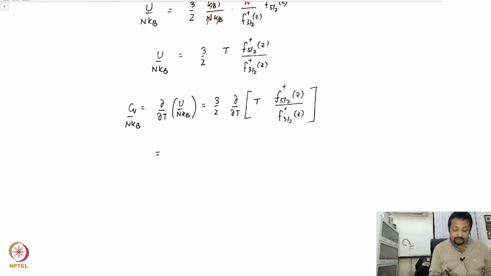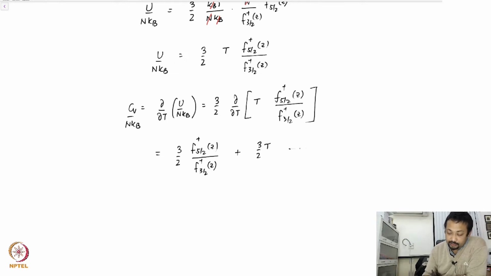Let's just evaluate the trivial term. The trivial term is the derivative of the first term, that is ∂/∂T of T, and you are left with F plus (5/2)Z divided by F plus (3/2)Z. And then you have (3/2)T. The derivative gives you F plus (3/2) whole square of Z, times F plus (3/2)Z, F dash of (5/2)Z minus F of (5/2).